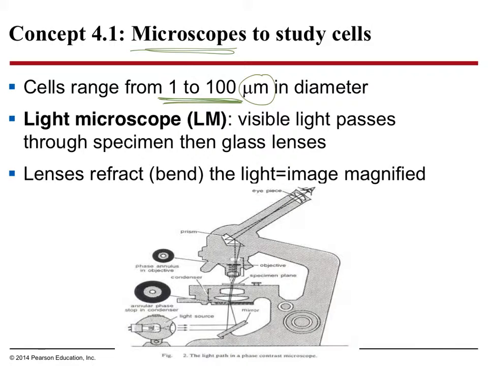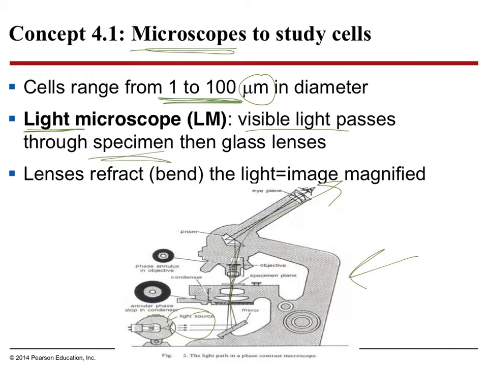We use something called a light microscope, and this is an example of one where you have a light source that shines on a mirror, and then that image is projected ultimately to the viewer's eye looking through the eyepiece. With a light microscope, visible light passes through the specimen and then through the lenses ultimately to the eye.